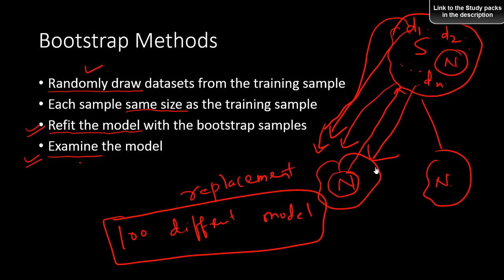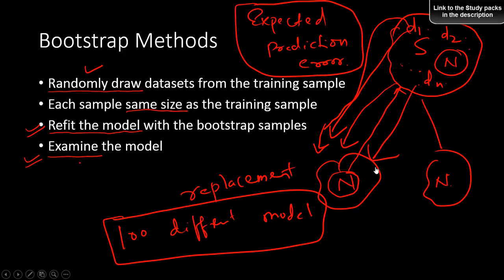So every subsample is unique in its own way, and when you take the average of your error, that will be very close to what it otherwise could have been when you would have taken the holdout sample. So that error will be taken as the prediction error, or considered as the expected prediction error. So you don't have to use a validation model separately. That itself is considered as validation, right?